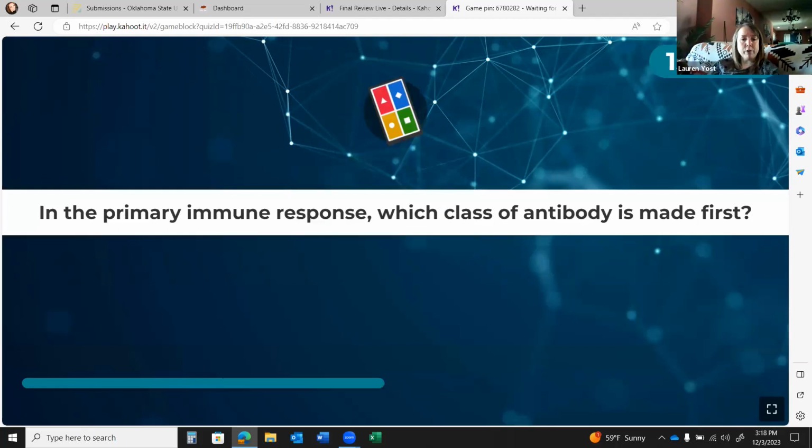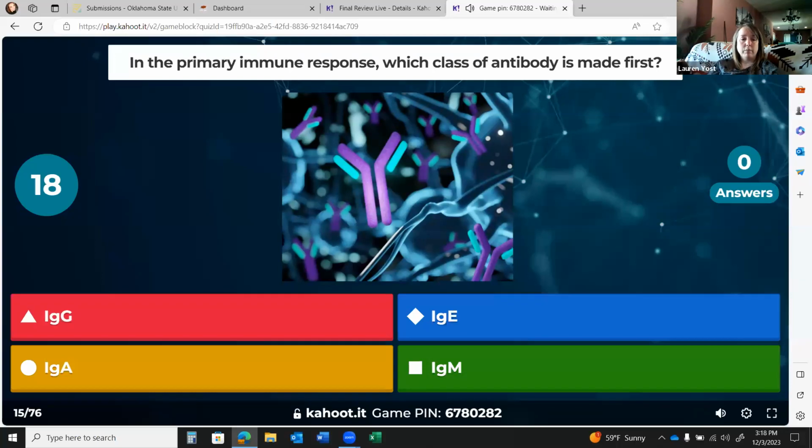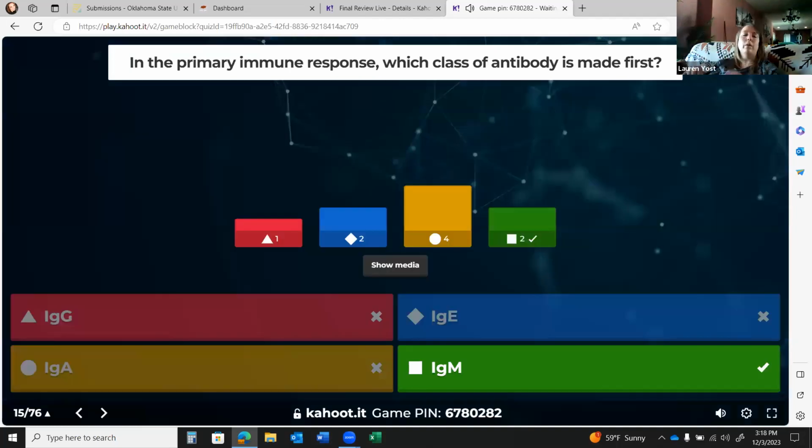In the primary immune response, which class of antibody is made first? Okay, the first time that you encounter something, your newly activated plasma cells are going to crank out IgM antibody first.